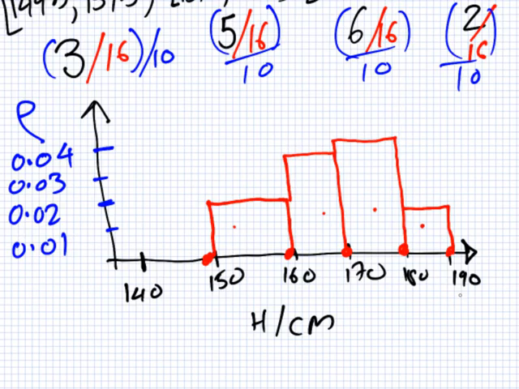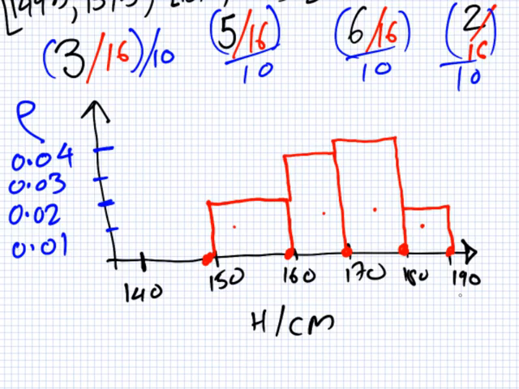Did you get exactly 1? 1.015. What's your first number? 0.1875? Plus 0.3125. Let me fix that for you, KJ.